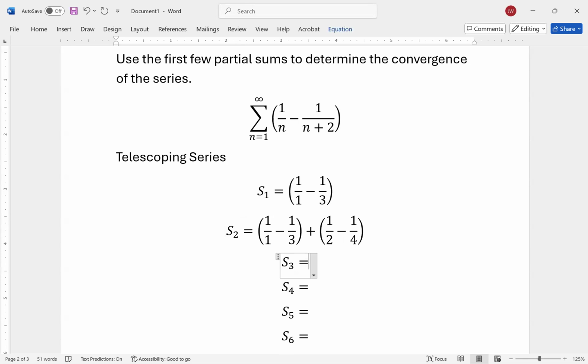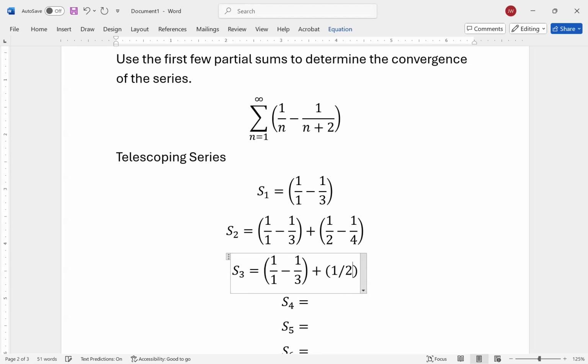The third term, something interesting happens. We get 1 over 1 minus 1 over 3 plus my second term, which is 1/2 minus a fourth. And then in my third term, I get 1/3 minus 1/5.